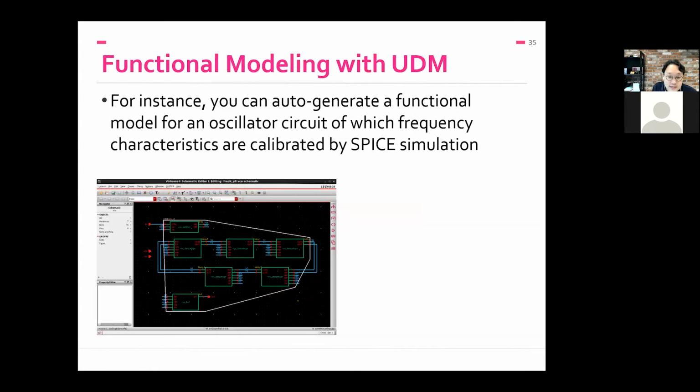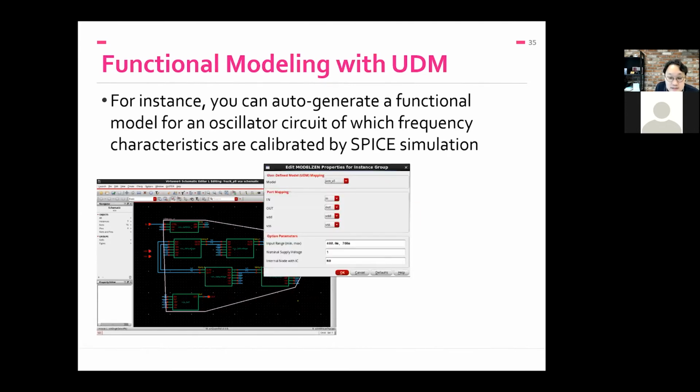For example, let's say you have a voltage controlled oscillator that's made of 5 stages of buffers. If you model this as a circuit level model, you have lots of transistors that are constantly toggling. So that will generate a lot of events and slow down the simulation. So we can use UDM to say that, oh, this is a voltage controlled oscillator. It will generate a clock whose frequency changes by the input voltage.